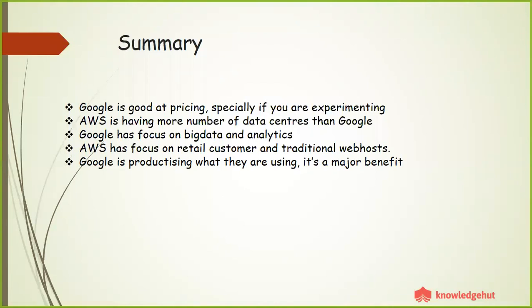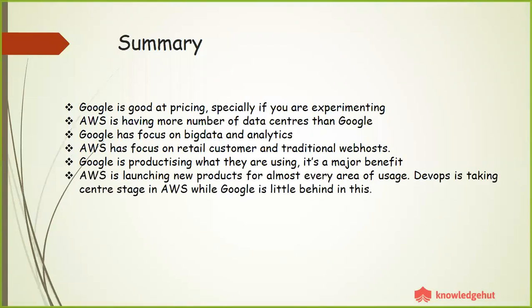It's a major benefit, as I was just mentioning. AWS is launching new products for almost every area of usage. DevOps is taking center stage in AWS, while Google is a little behind in this. Well, if you consider container systems for DevOps, then Google is way ahead. Container management at Google is superior to AWS.